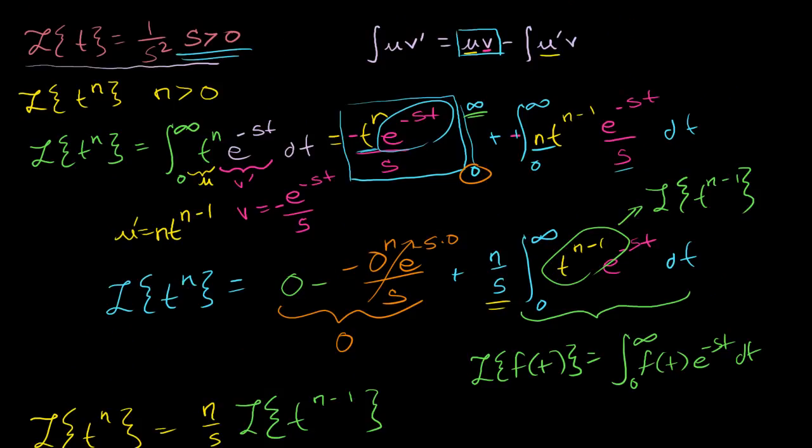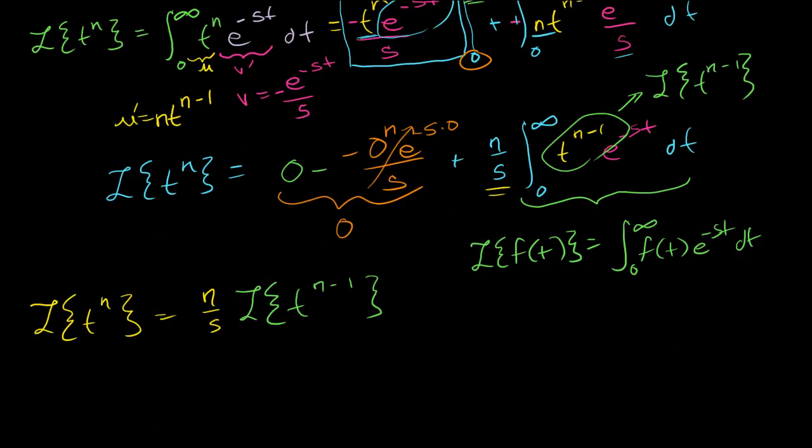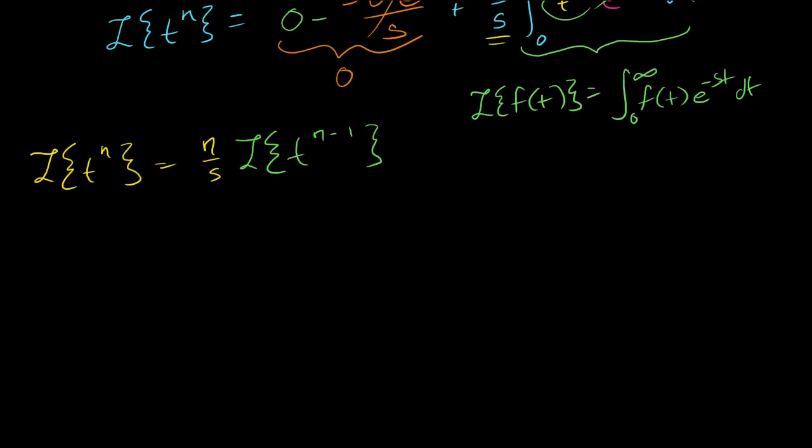So the Laplace transform of just t, let me write that down. I wrote that at the beginning of the problem. I could write this as t to the 1, which is just t, is equal to 1 over s squared, where s is greater than 0. Now, what happens if we take the Laplace transform of t squared? Well, we can just use this formula up here.